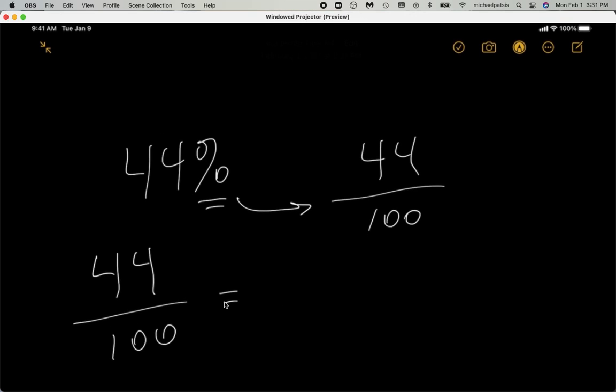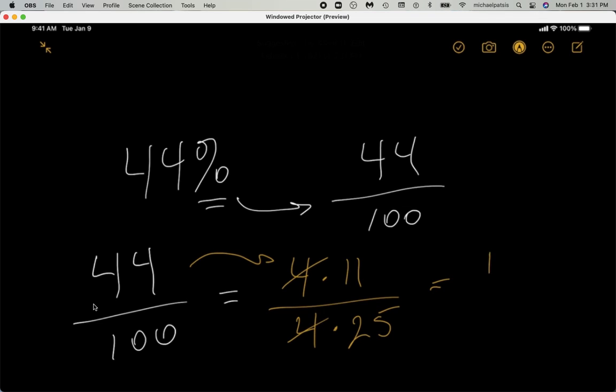Now we could go by 2, or we could say to ourselves, I'm going to break 44 down into 4 times 11. This will be a little bit more expeditious, a little bit quicker. And we can divide 100 as 4 times 25. Now we can cross out these 4's, and our final answer is going to be 11 over 25.